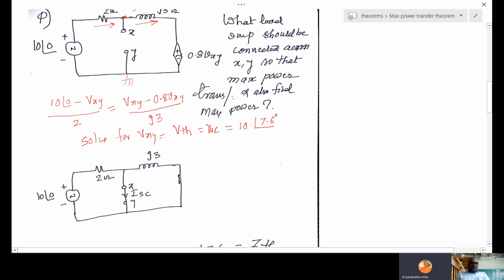What next is the short circuit current. XY is shorted. When XY is shorted, VXY becomes 0, and 0.8 times 0 is 0. A voltage source of 0 means shorted. So 0.8 VXY is equal to 0, therefore replace this source with a short circuit.